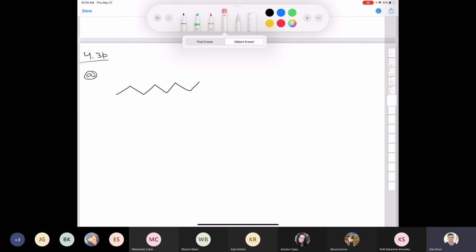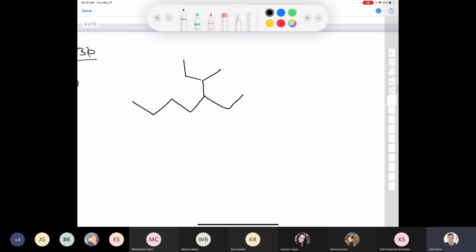I added an extra carbon here, didn't I? There we go. Like that. And then here I've got this guy. So that's the correct molecule.